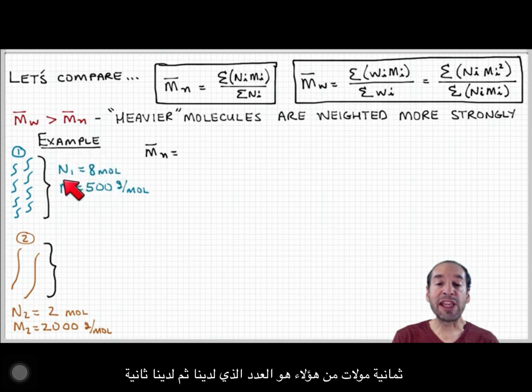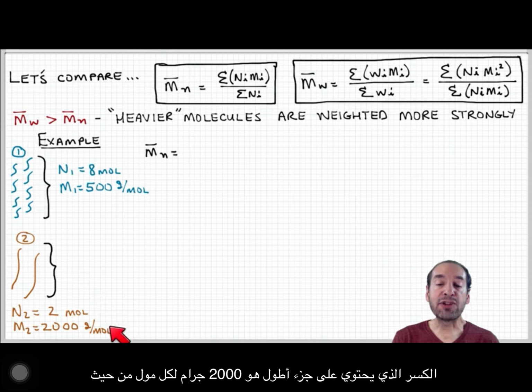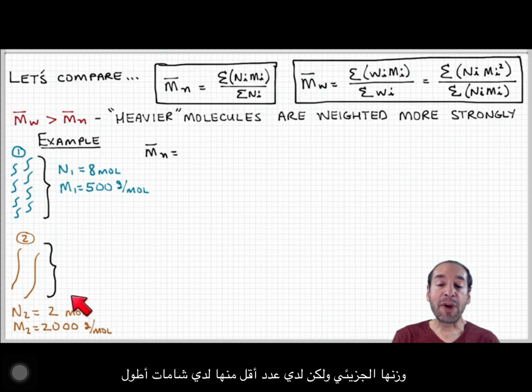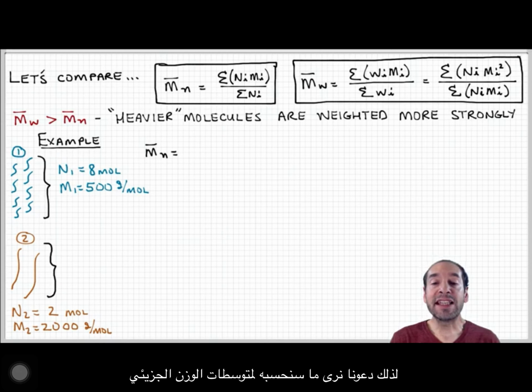That's the number that we have. And then we have a second fraction that has longer fragments. These are 2,000 grams per mole in terms of their molecular weight, but I have fewer of them. I have 2 moles of these longer molecules.